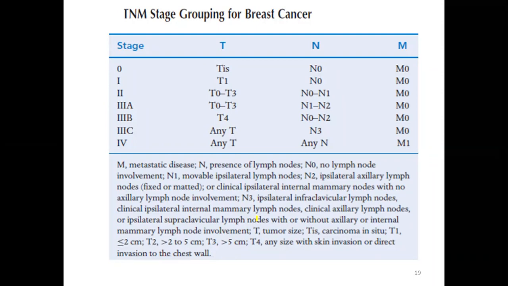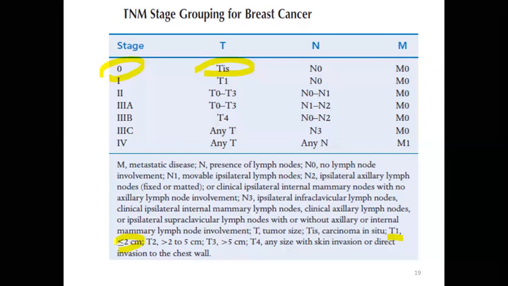When you get time, you can read more. Stage 0 means carcinoma in situ. The tumor is just localized. Then stage 1 is where the size of the tumor is T1. You can even see what T1 means: the tumor size is less than 2 centimeters.